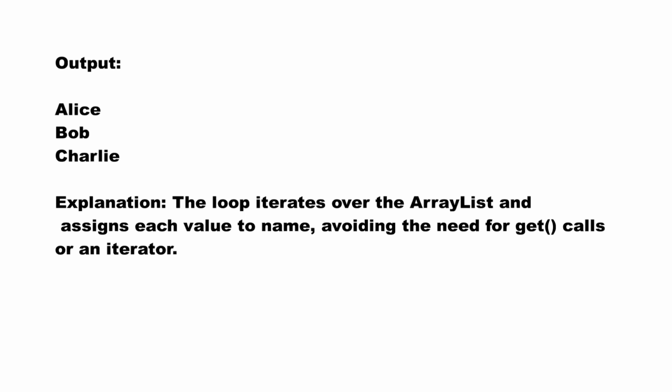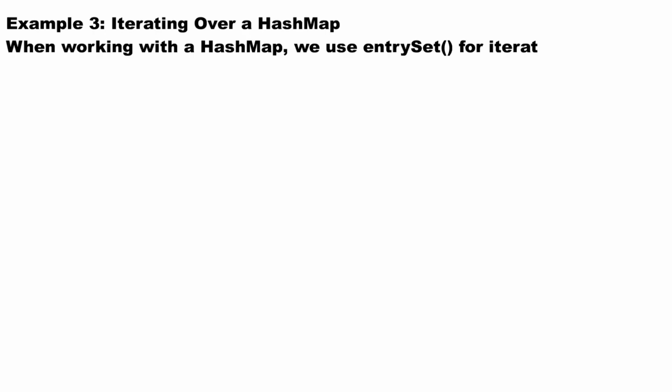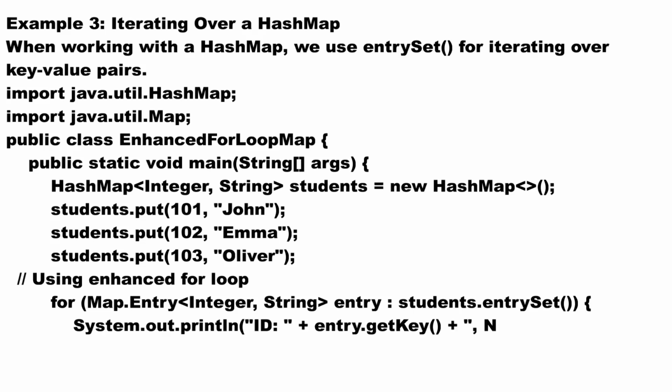We have Alice, Bob, and Charlie. The loop iterates over the ArrayList and assigns each value to name, avoiding the need for get calls or an iterator.